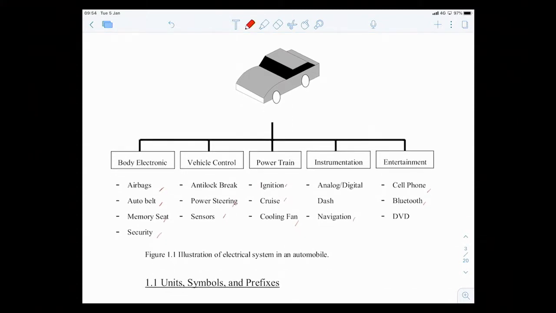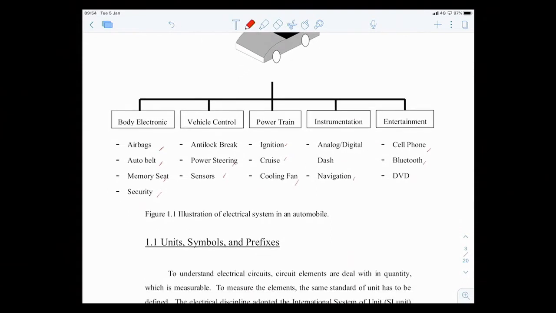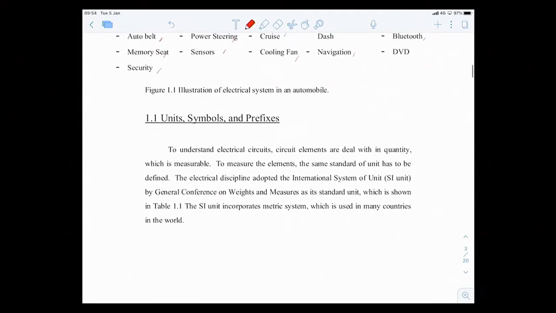So be proud that you are studying this field. Let's get into our topics.